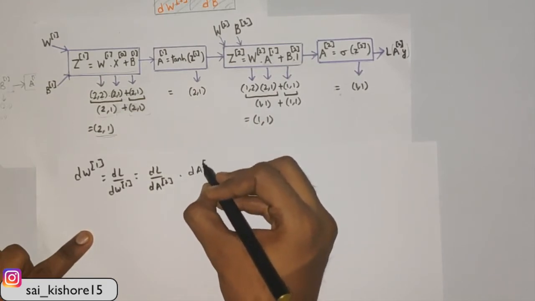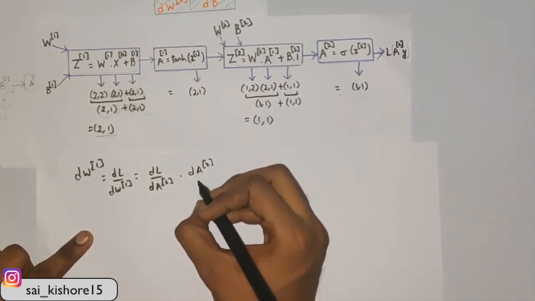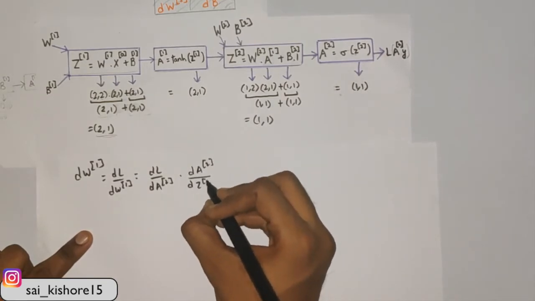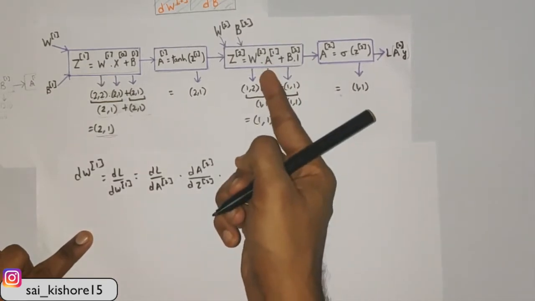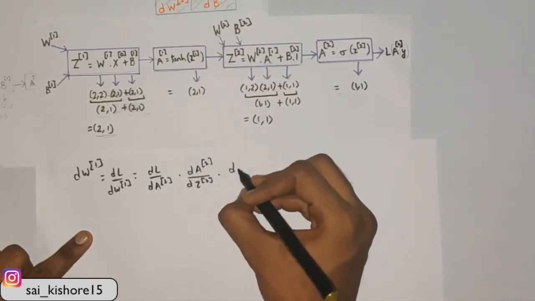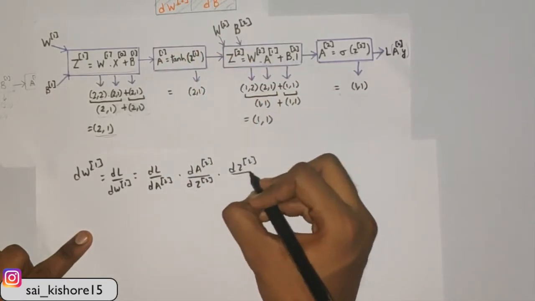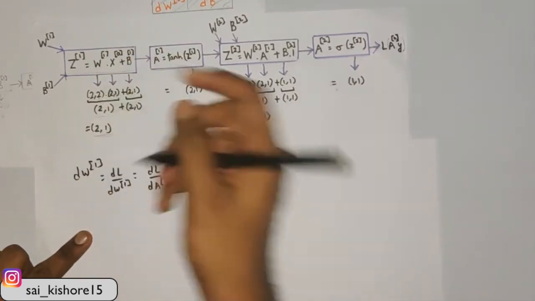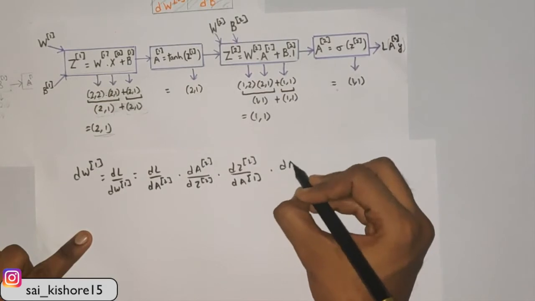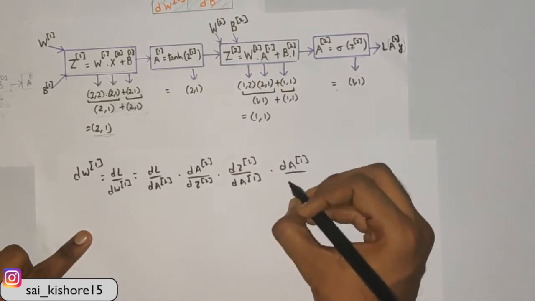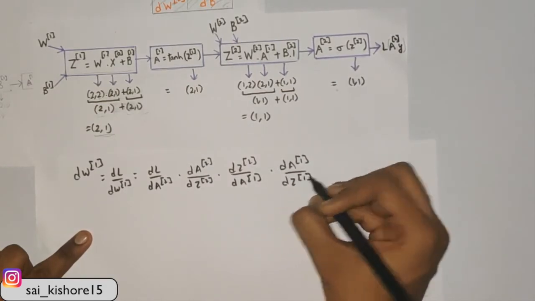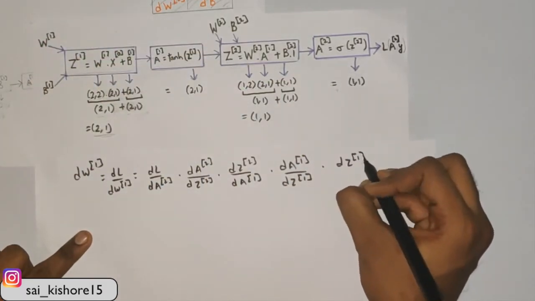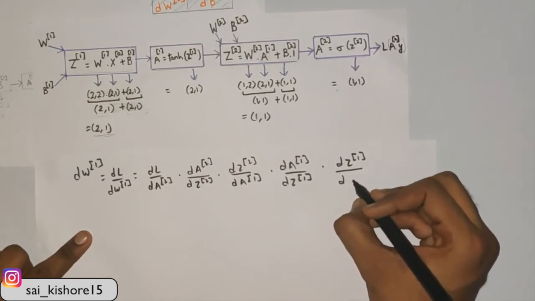differentiate a2 with respect to z2, and then come back here, differentiate z2 with respect to a1, and then come back here, differentiate a1 with respect to z1, and then finally arrive at differentiating z1 with respect to w1.